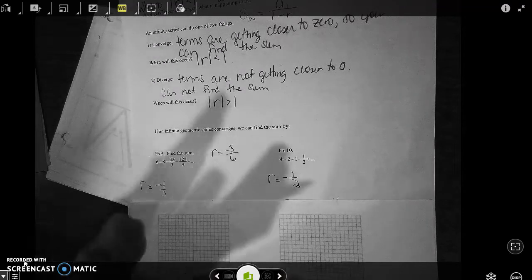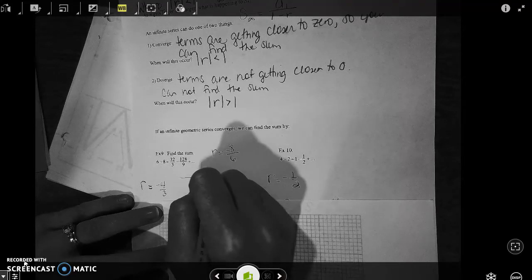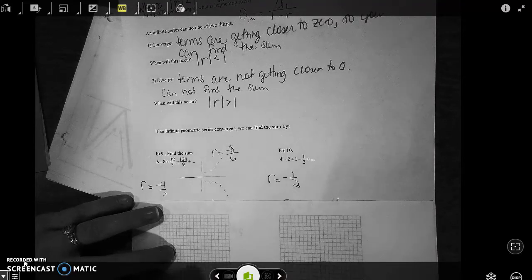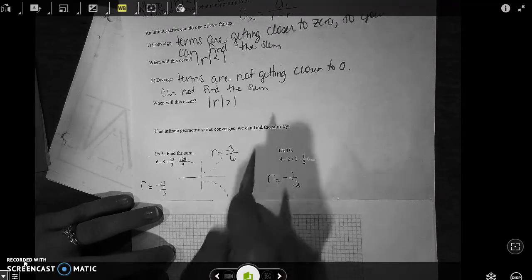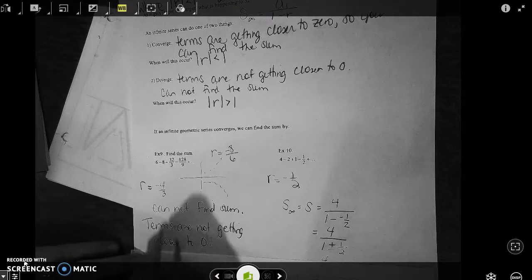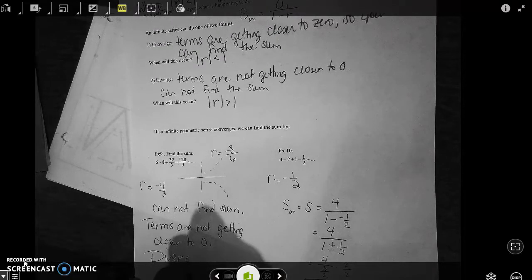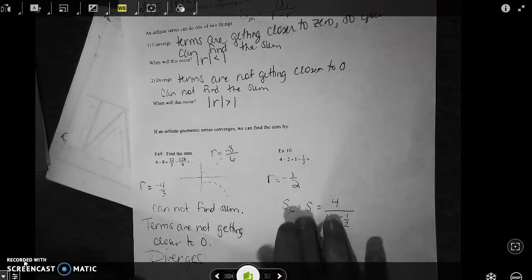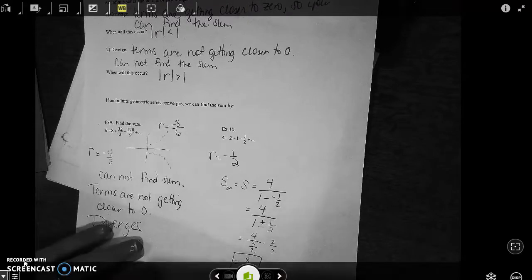They're getting farther away from 0. Actually, if you were to graph this sequence, it would end up doing something like this. One positive, one negative, but they would get further away from 0. So since that's the case, we cannot find the sum. This would be a series that diverges.